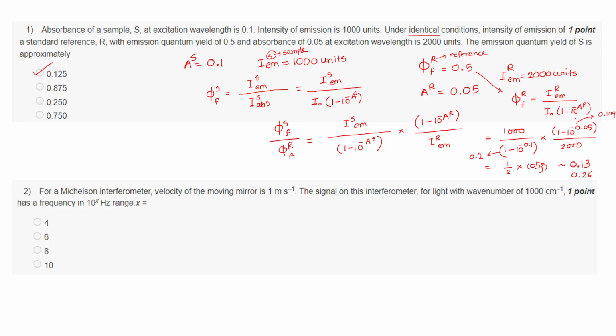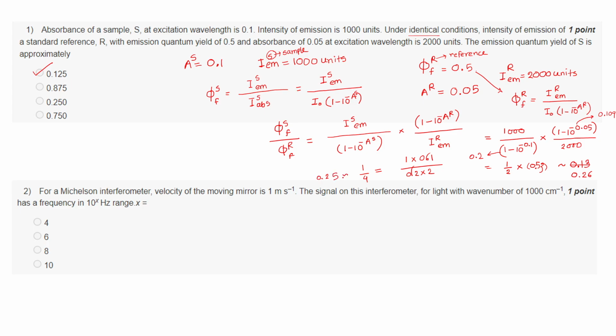So actually this is 1 into 0.1 and 0.2 into 2. It is 1/4. Actually 1/4 means almost 25% or 0.25.